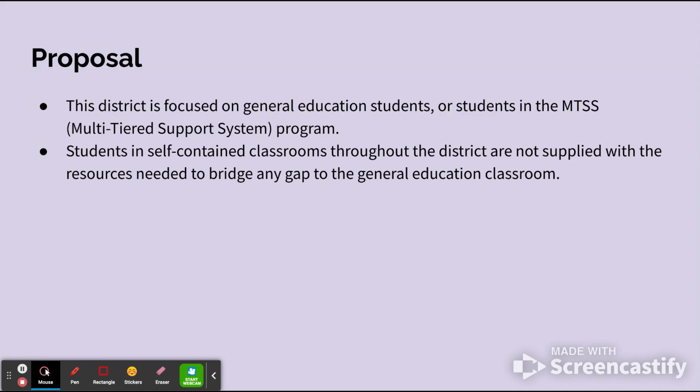They're typically around the 15th to 25th percentile in the nation, and general education students are typically 40% or above. So they're trying to bridge the gap between the two. But students in self-contained classrooms throughout the district are not supplied with resources needed to bridge any gap to that general education classroom. They are just given the general education curriculum and learning what they can.